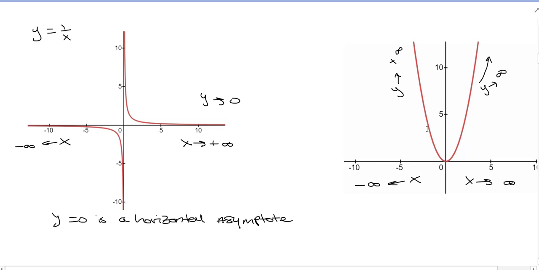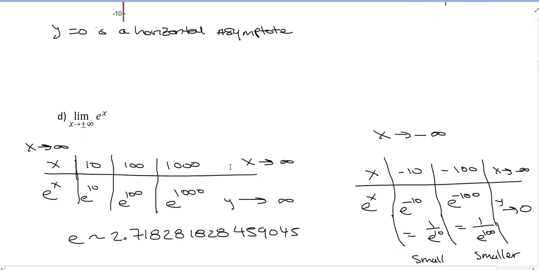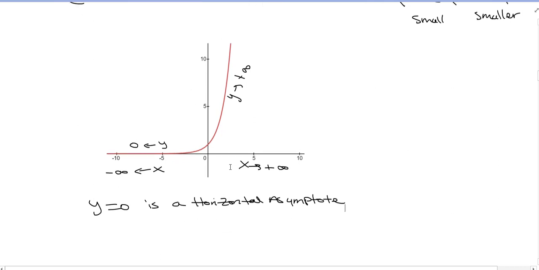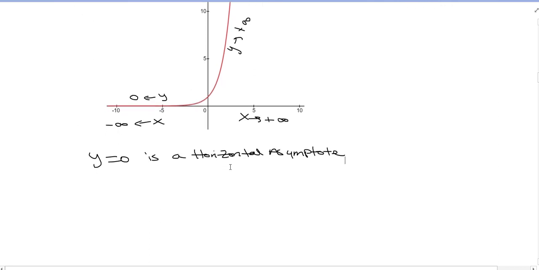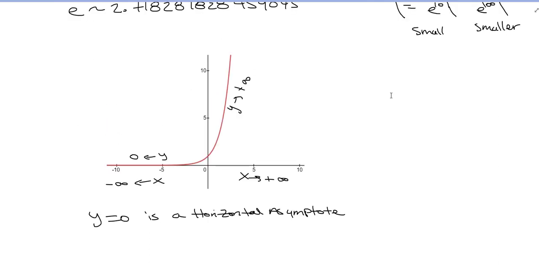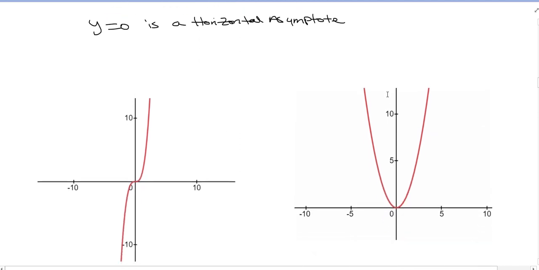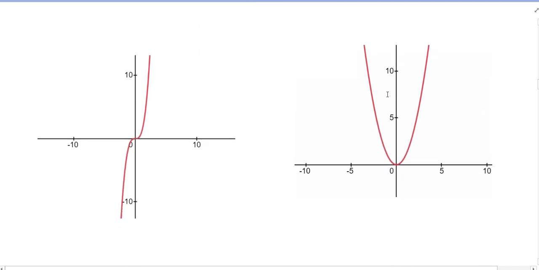To have a horizontal asymptote, your limit as x goes to positive or negative infinity has to be a number. That number is your horizontal asymptote. Polynomial functions are the ones that are essentially not going to have horizontal asymptotes. So here's something that is an odd power function.